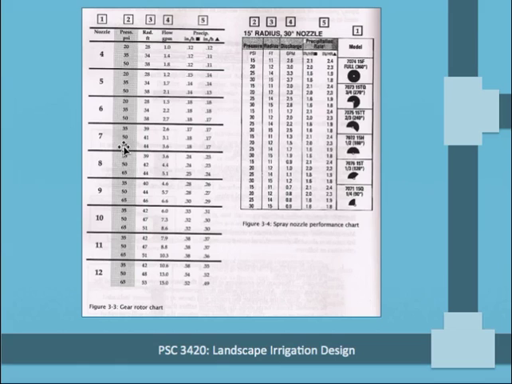So if we go back to the chart, that would be column number 2 here, and let's just look at this top row. So nozzle number 4 can operate at a pressure anywhere from 20 to 50, and there are going to be some associated changes, but that's what that pressure column indicates.